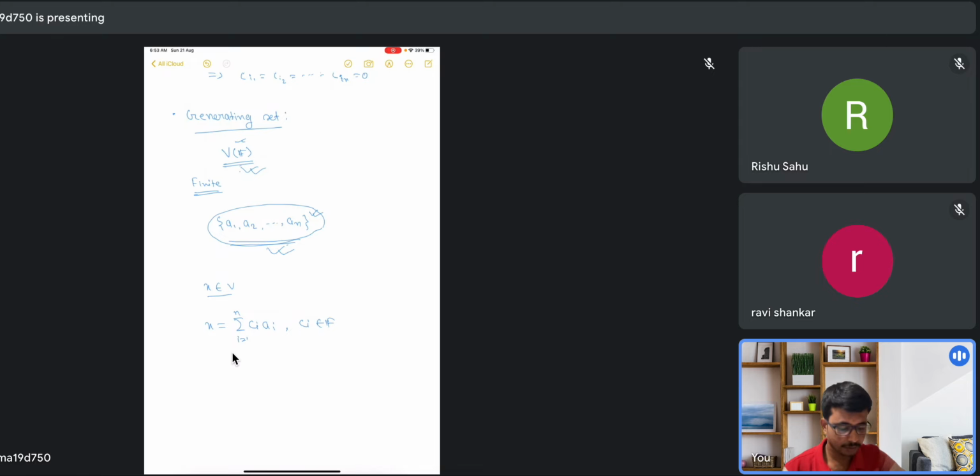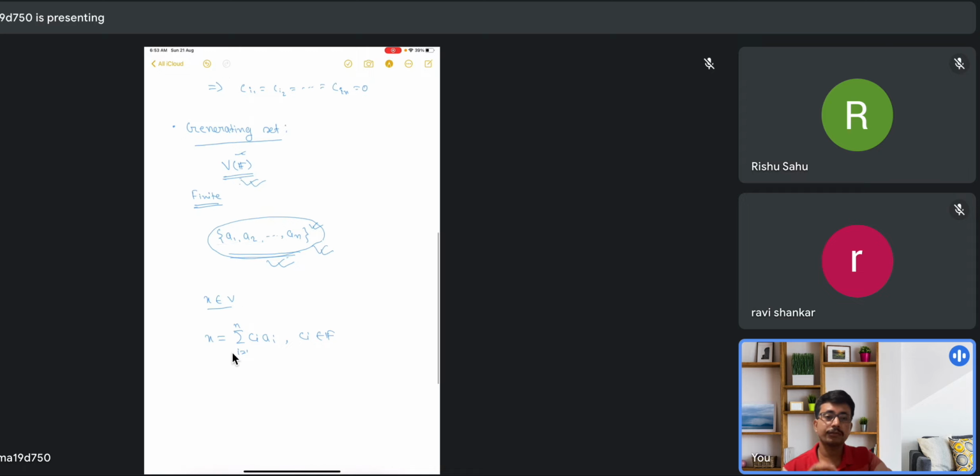So we say this is a generating set of V if every element x can be written as a linear combination of these sets. Is it fine or not?